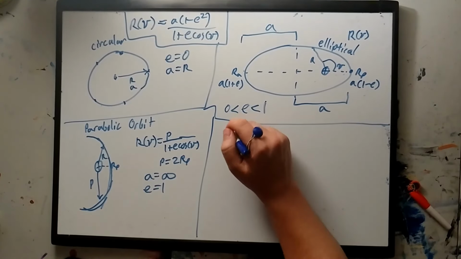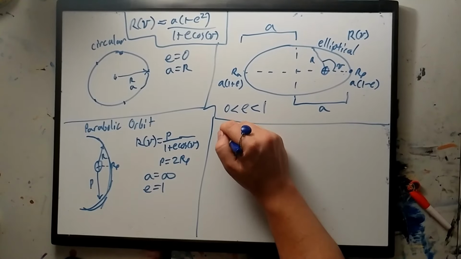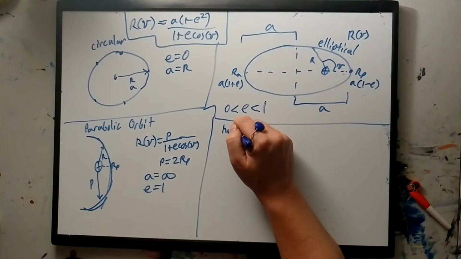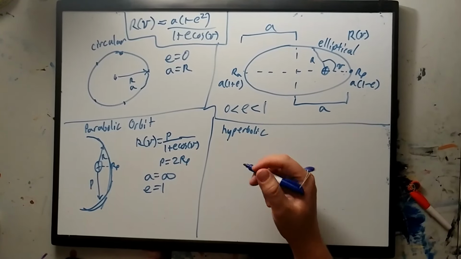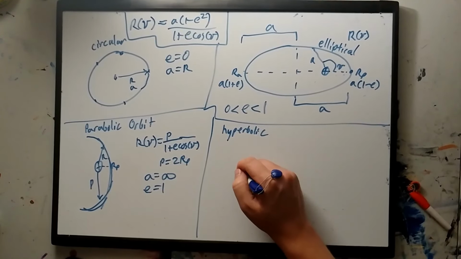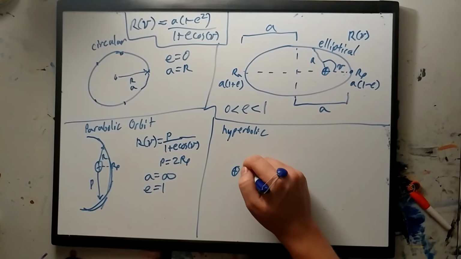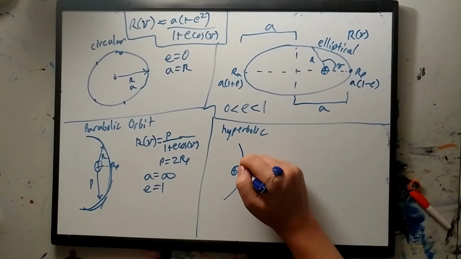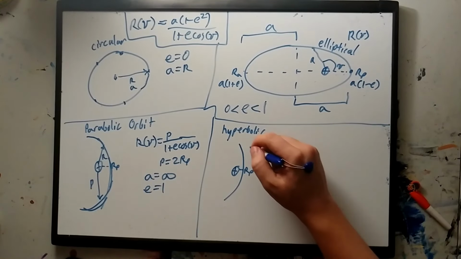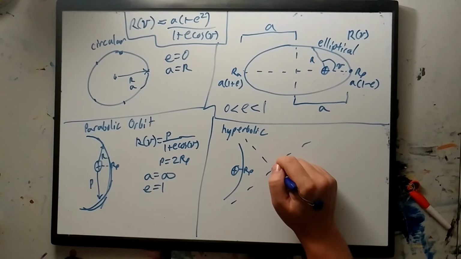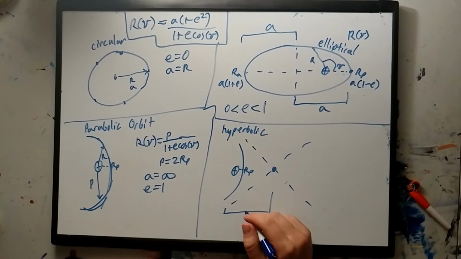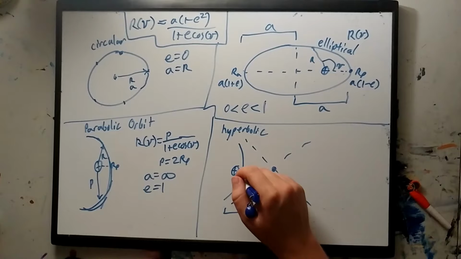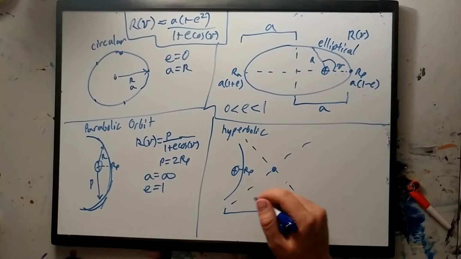Then we'll move on to the last of the conic sections, and that is hyperbolic. All right, hyperbolic looks very similar to parabolic. We've got Earth, we've got our orbit, and our periapsis, but the biggest difference is that the center of the orbit is actually on the other side of the Earth.